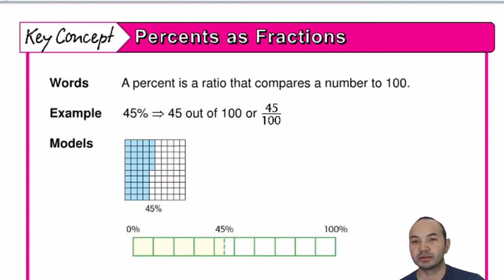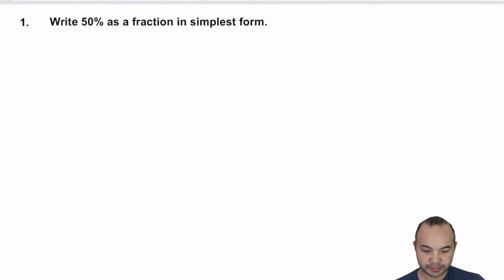If you want to show that as a bar, then if the whole bar is 100%, you take a little less than 50%, because 50% is right here. So for 45%, you draw a line there, and the part to the left that's shaded is your percent.